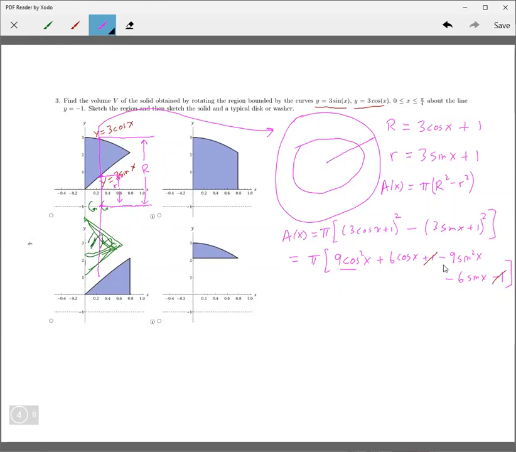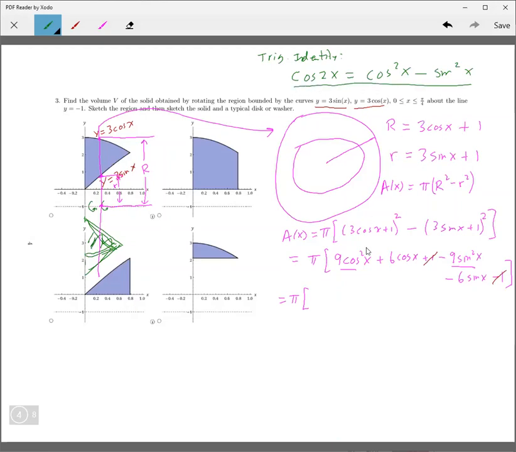There's a trigonometric formula, or a trig identity, that cosine of 2x is equal to cosine squared x minus sine squared x.